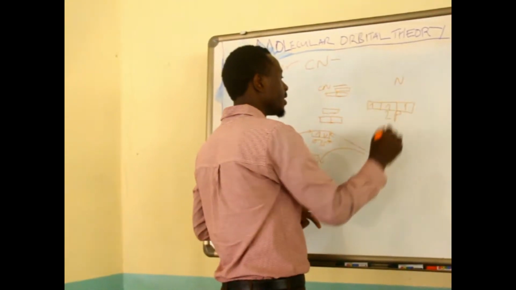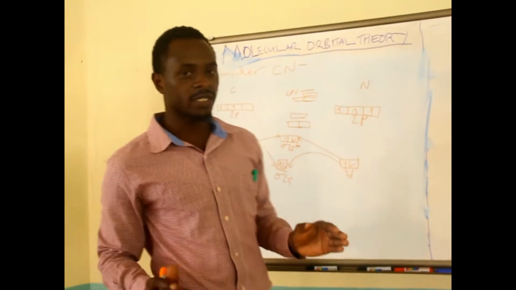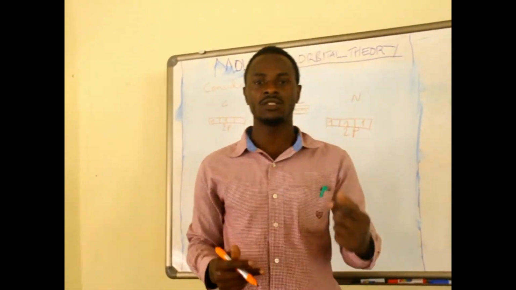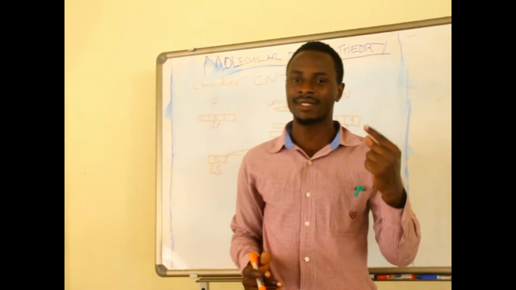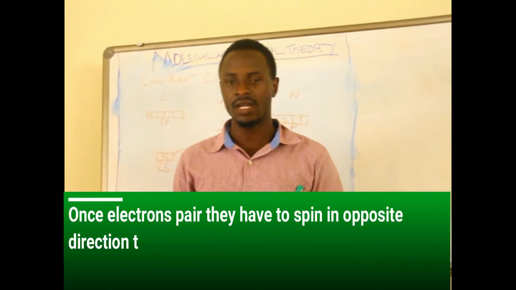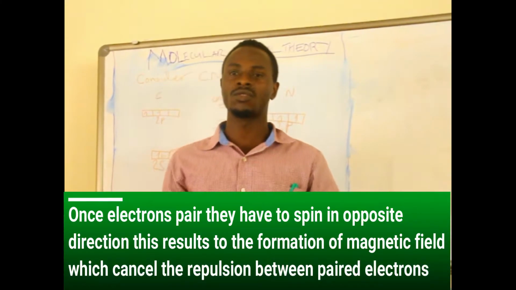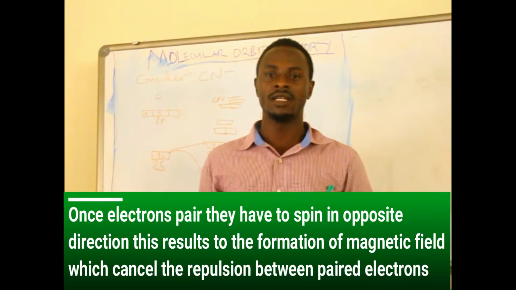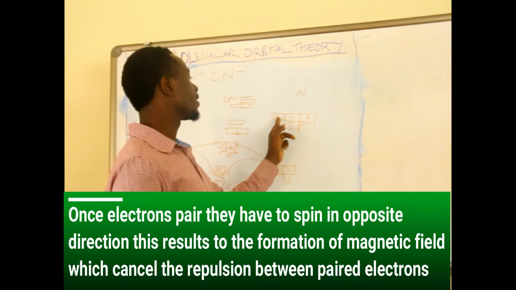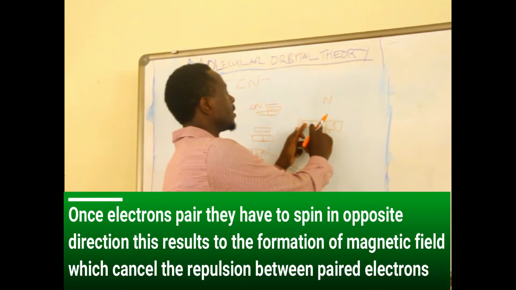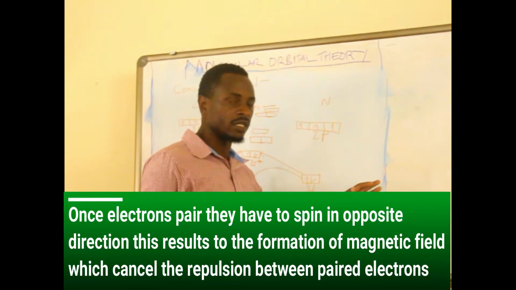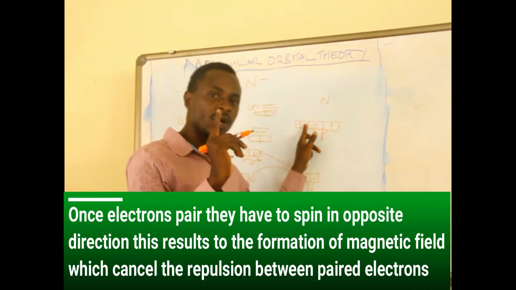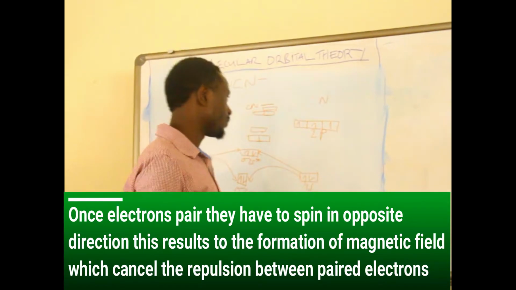As known by Hund's rule, pairing is not allowed until each orbital is occupied by at least a single electron. And once they pair, those electrons will spin in opposite directions. Now we cannot pair these electrons because that orbital would be empty. That's why we fill electrons one after another.